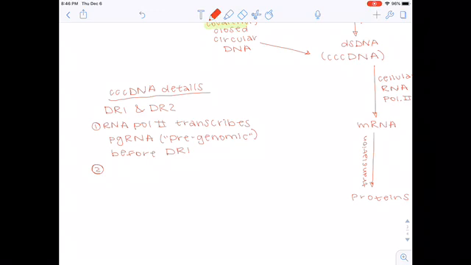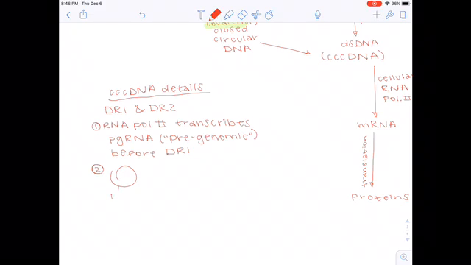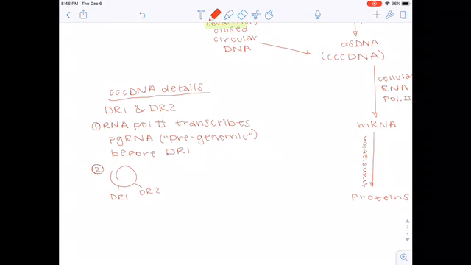All right, and the second step of this is the negative sense is transcribed first until the DR2 region is passed, and then the DR1 region is looped. And so remember how we have, this is a covalently closed chromosome. And somewhere on here we have the DR1 and the DR2.